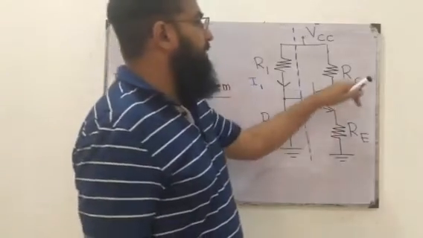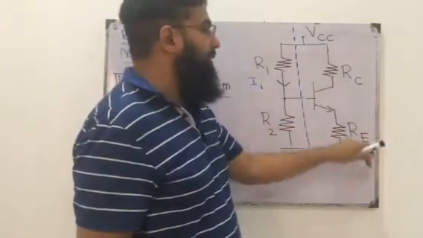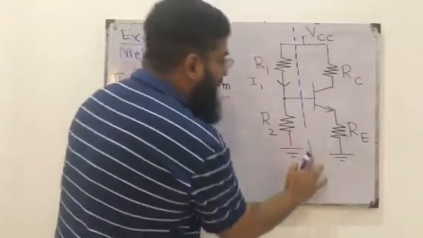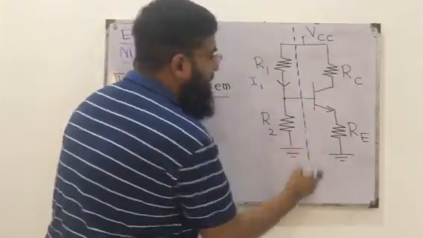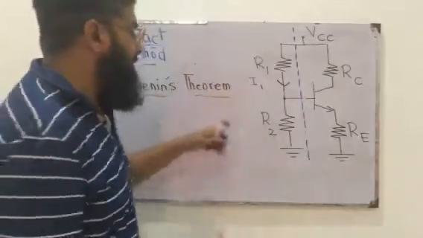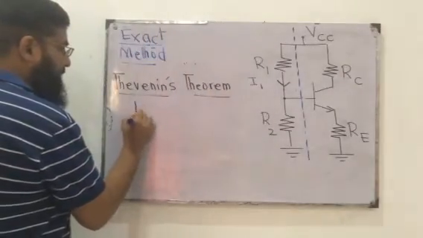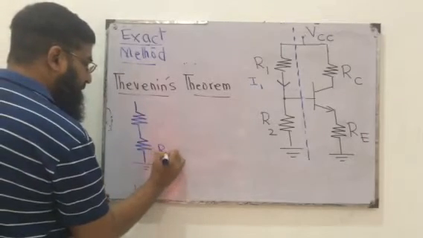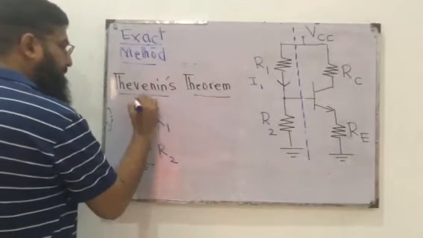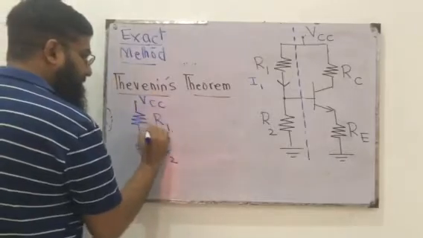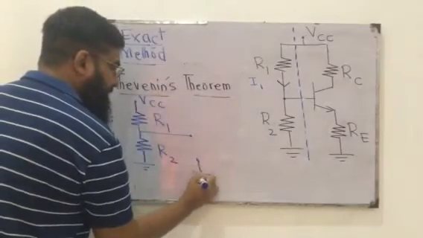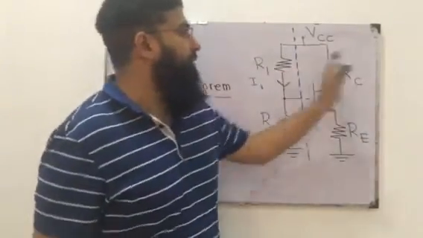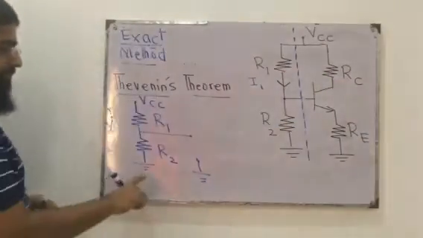So this transistor along with RC and RE is considered as the load and is removed. We are left with this part, and the part containing RC, RE and the transistor is removed.